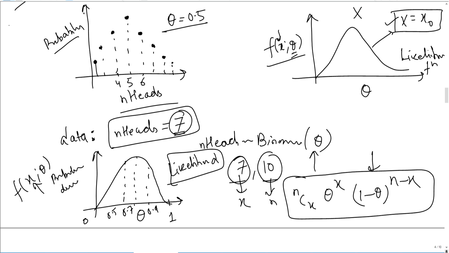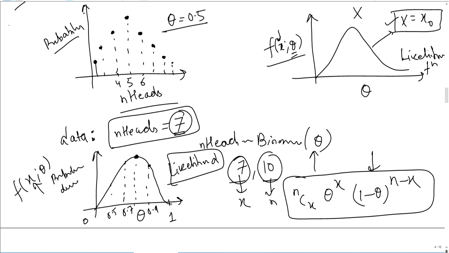So, in case of binomial distribution, in this example, when the number of heads is known, when this data is known, you can draw a graph between different values of theta and the corresponding probability density of observing 7 heads. Okay. So, this is the probability density of observing 7 heads when theta is 0.7. This is the probability density, you can also call it likelihood, of observing 7 heads when the value of theta is 0.9. In fact, likelihood is a better term to use here, right.